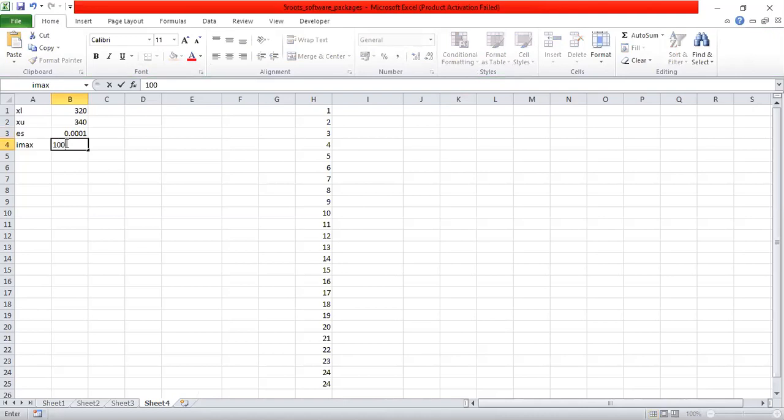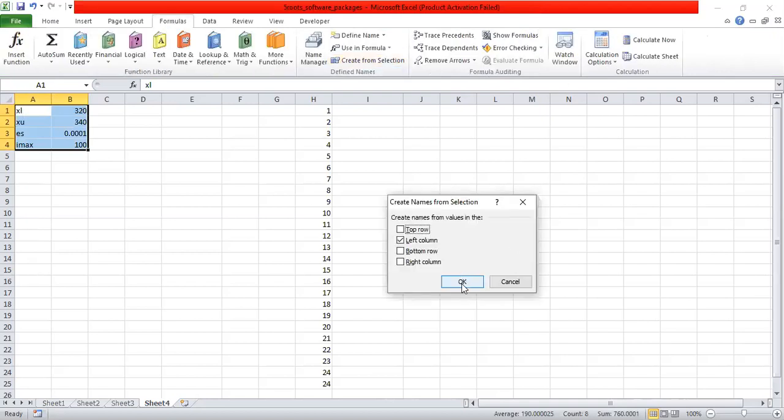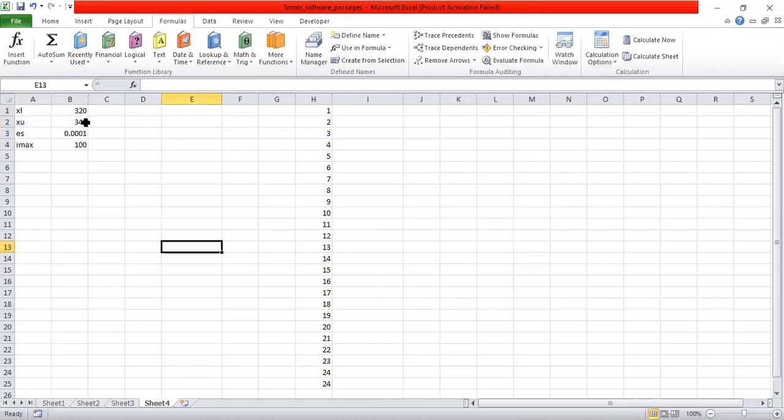Then the maximum number of iterations I want is 100. As we normally do, after specifying it, we go to formulas, then create from selection, left row. Then okay, so Excel knows that XL is 320, XU is 340, ES is 0.001, and IMAX is 100.